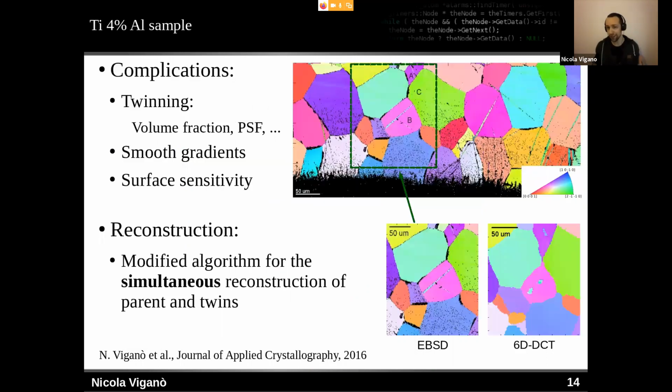So, however, this is a nice result, but it's not always that easy, right? In this case, we have another example where we had some smooth gradients inside of the grains, and again, misorientation gradients. And we had twins. I believe they were deformation twins in this case. But basically, we saw these lamellae forming across the grains.